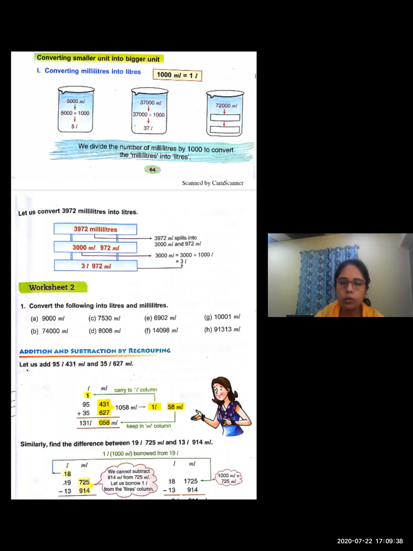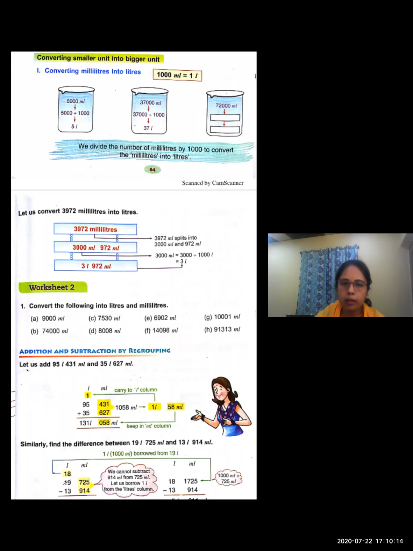When we divide it orally, we see here 3 zeros in the divisor, then we count 3 digits in the dividend from the back side and write it as a remainder, and the remaining part will be the quotient. So here the 3 digits are 972, so this will be written in milliliter, and 3 is the quotient, so this will be written in the liter.